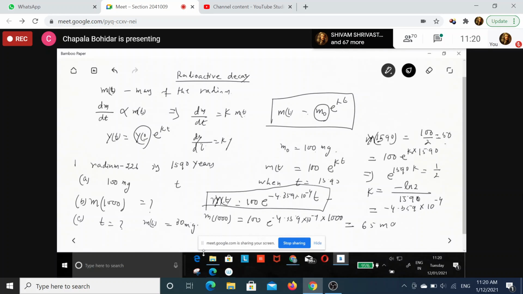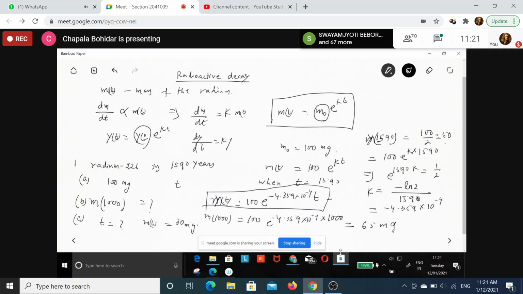Though you are saying 64.6, it is 65 milligram, because the question asks for the nearest milligram. Clear here? This value?